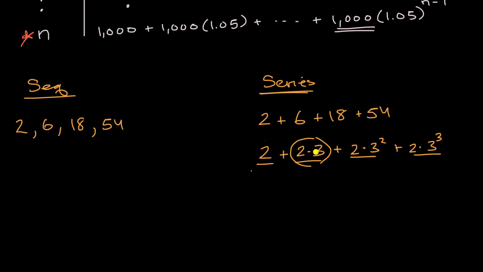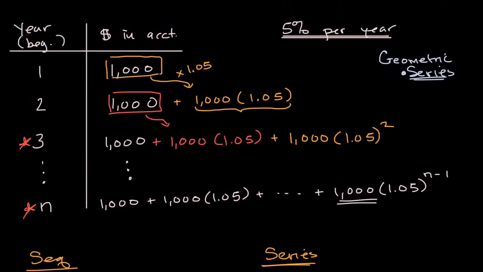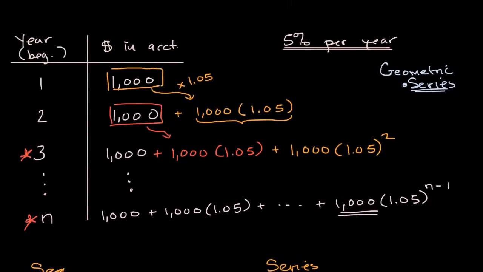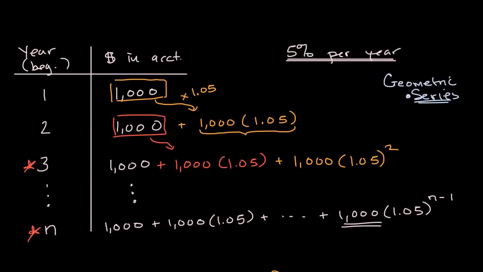The second term is equal to the first term times 3, and we're summing them. In a sequence, you're just looking at an ordered list, but here you are actually adding up the ordered list. So what we just saw in this example is what a geometric series is, but also a famous example of how it's useful. And this is just scratching the surface. If you were to go further in finance or in business, you'll see geometric series popping up all over the place.